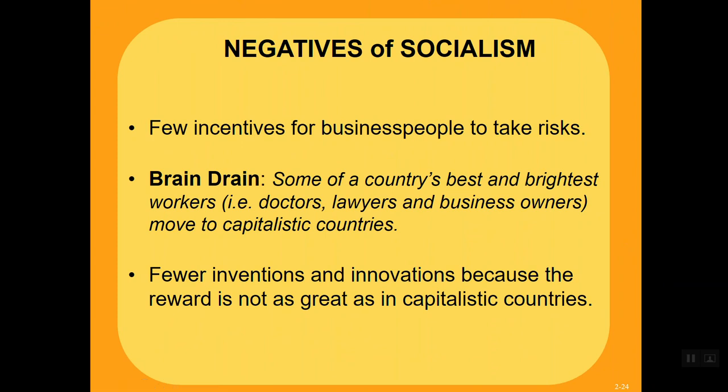And it tends to be less innovative in socialist countries because the reward is not as great as in capitalistic countries. If you're innovative in a capitalistic economy, you can be rewarded quite nicely by the fact that you are creative and you come up with products and services that are innovative and what people really desire.